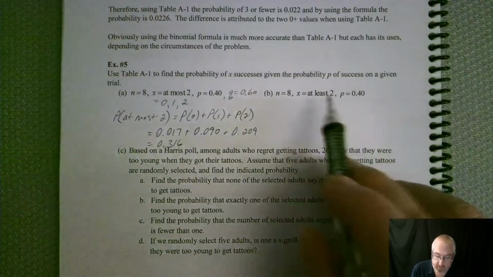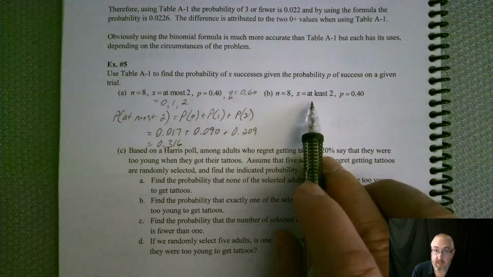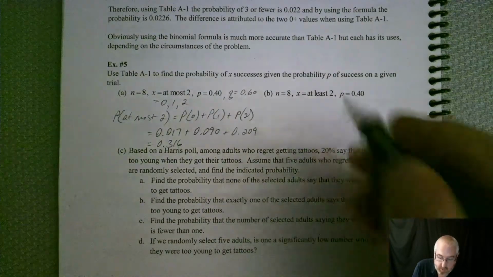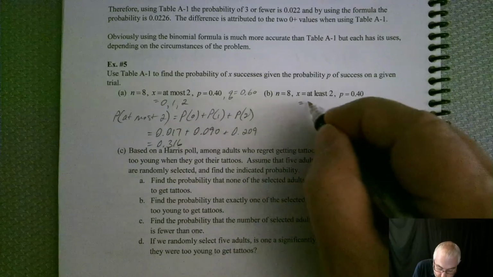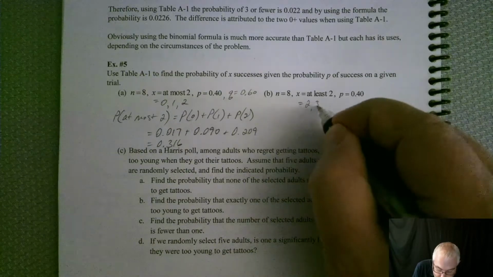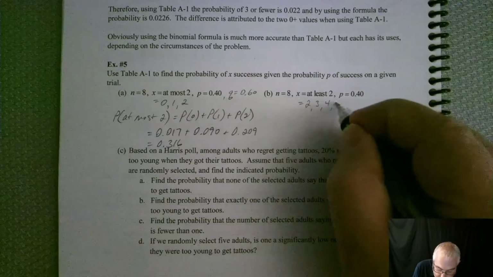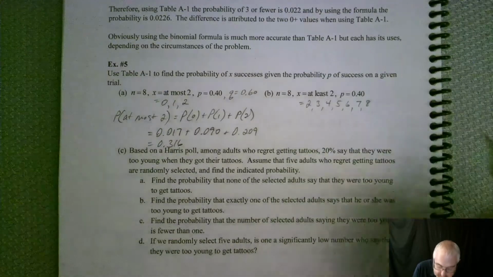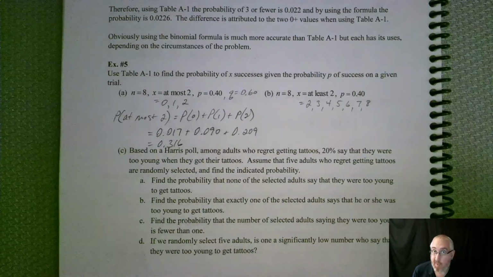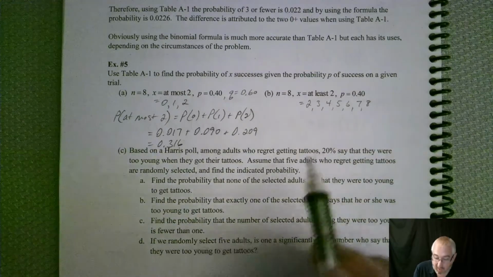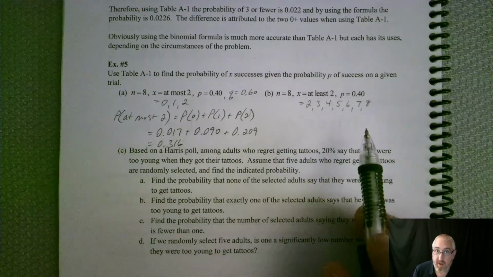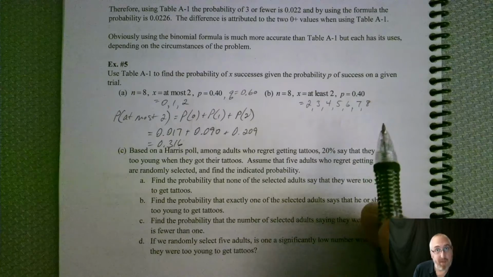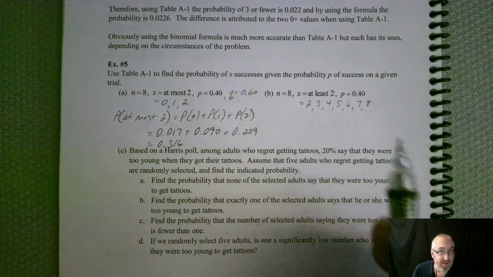Now, if we looked at this next one, this then says at least 2. So now we are looking at 2 and up, and we have to go all the way up to 8. Now, remember, if we have a lot of individual cases that we have to identify the probabilities for, it might be easier if we look at what's missing from the list.